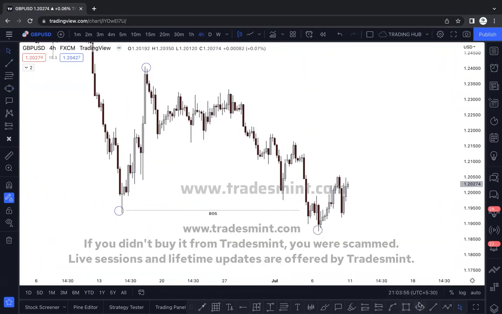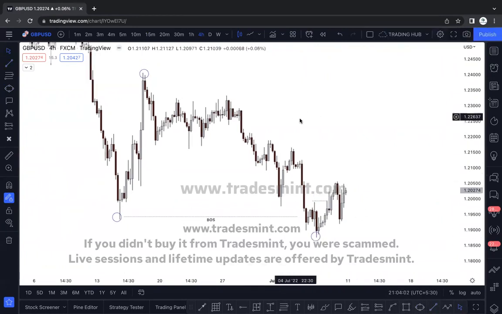Here, because this high has been taken out, so this low is confirmed. Now you can see where we have multiple opportunities for a sell. First, after taking out the first high, we can sell. If the market closes below, we have a chance for the sell, correct?